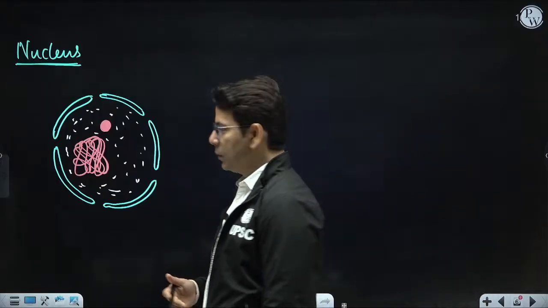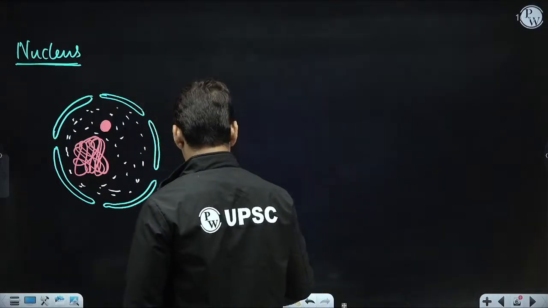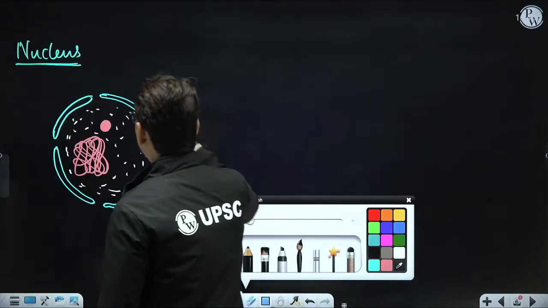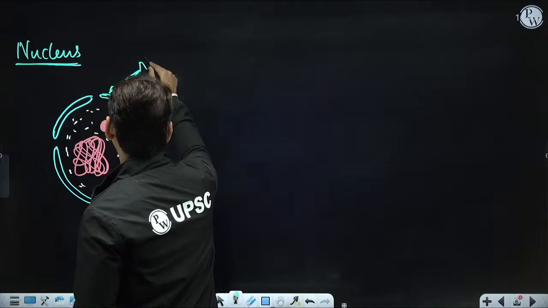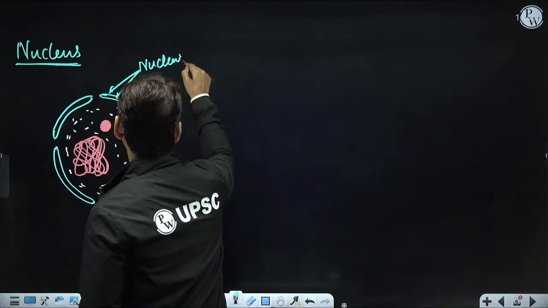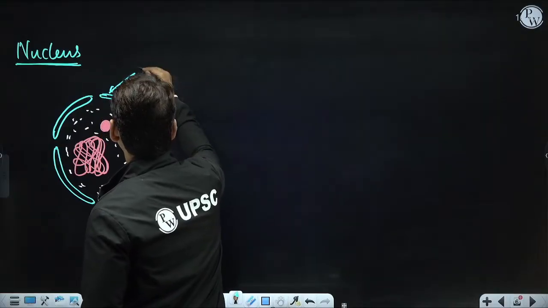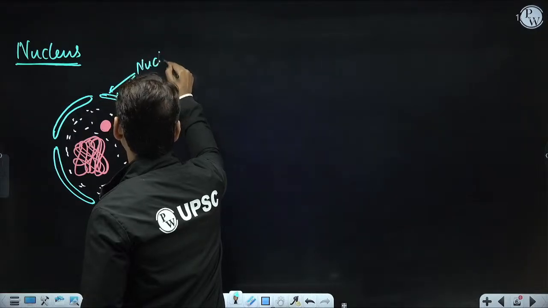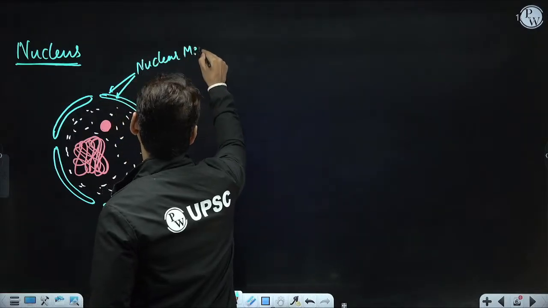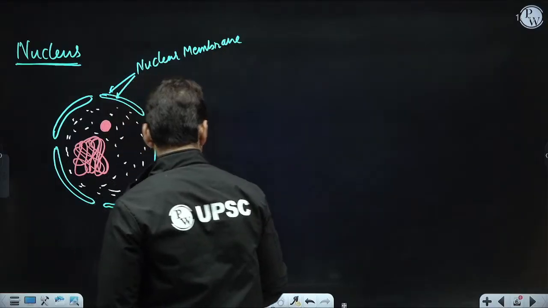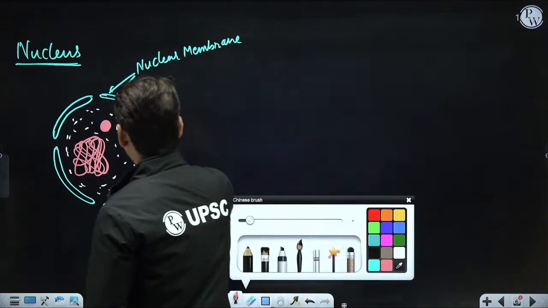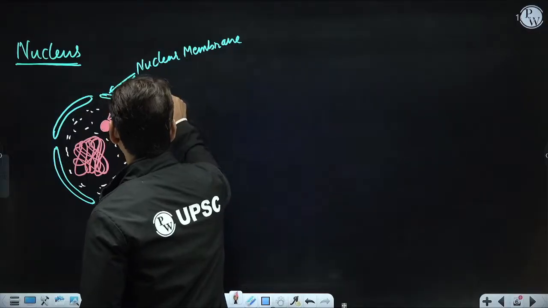Now, this is your nuclear membrane, like we have the plasma membrane. So this is your nuclear membrane. What do we call it? Nuclear membrane. This structure is called the nucleolus.